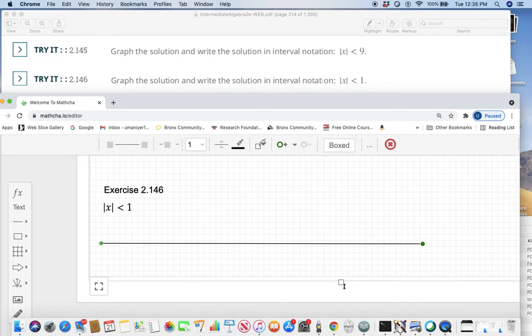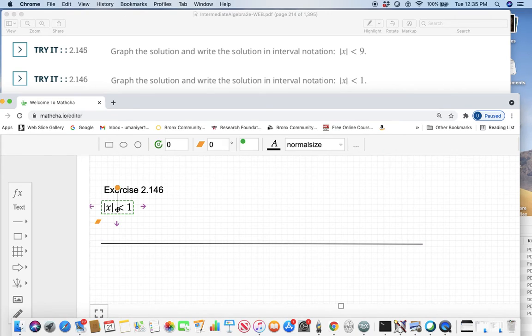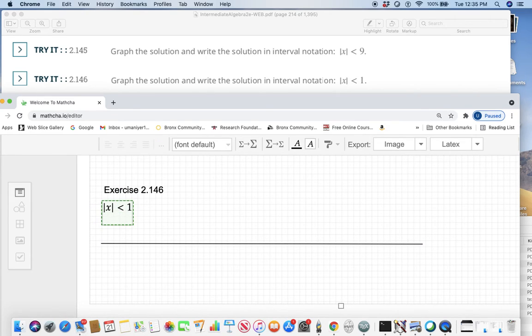By the way, I forgot, didn't I? What does that even mean? Absolute value of x less than 1. You write down negative 1 to the left, 1 to the right. x is between the two. Negative 1 is less than x, which is less than positive 1.